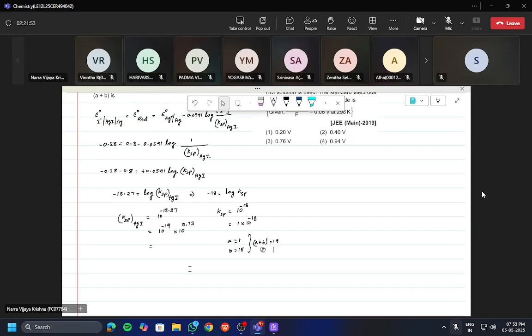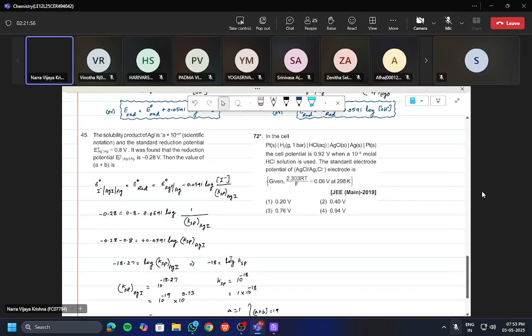Means in the question, they might have mentioned one more data in brackets. That is, assume 2.303 RT upon F as 0.06. In the question, they need to mention this.